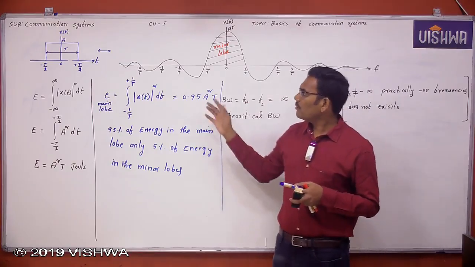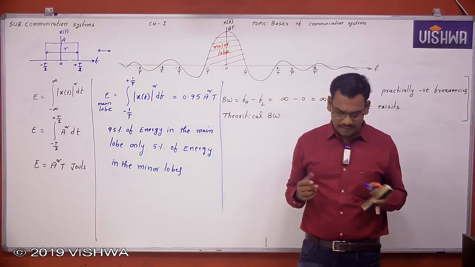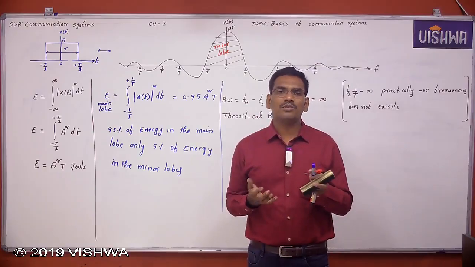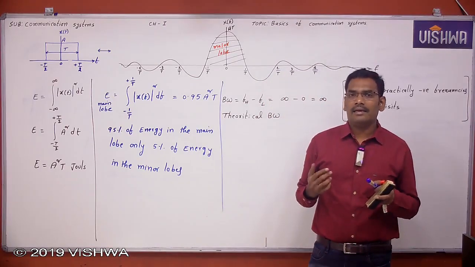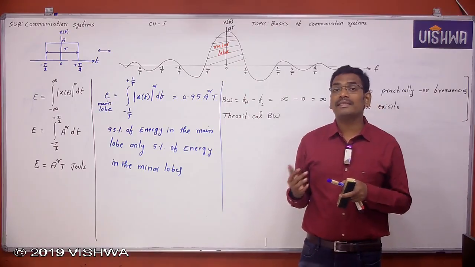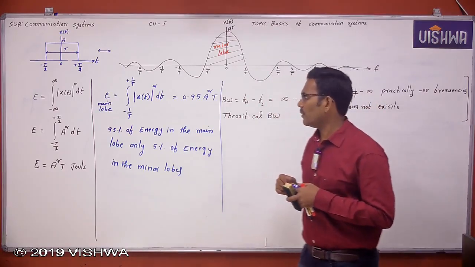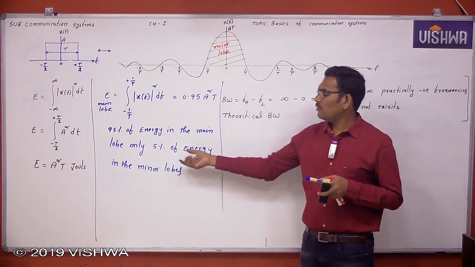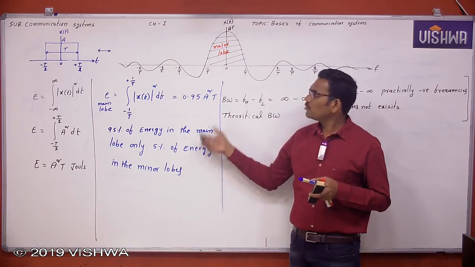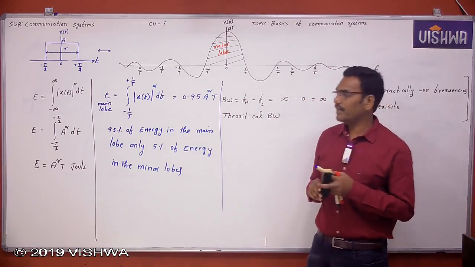By using filters, which are used to select the required frequencies, or to reject the unwanted frequency components. Okay. So 95% of energy is in the main lobe and only 5% in the minor lobes, so you can eliminate the insignificant components.